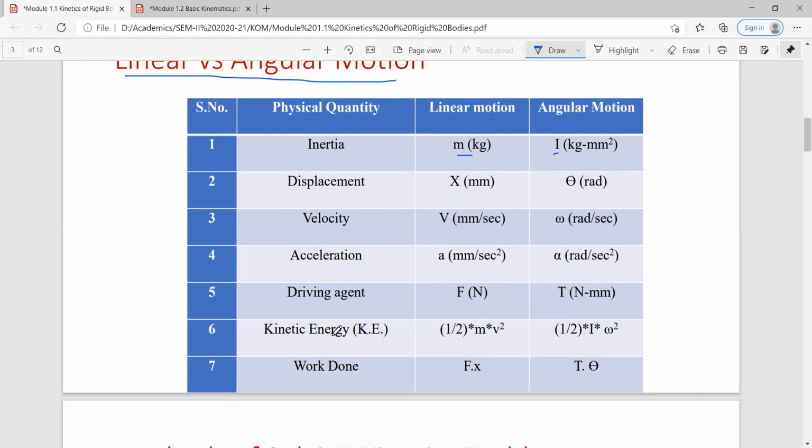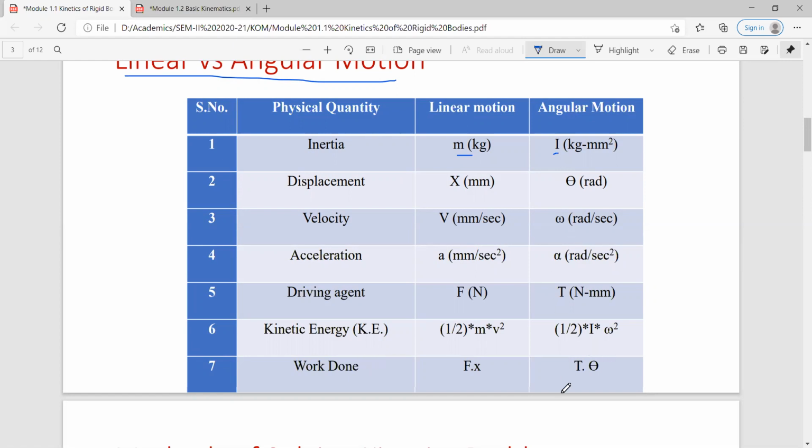Then kinetic energy. In case of linear motion, it is 1 half mv square. In case of angular motion, it is 1 half I omega square. Then work done is F into x. How you calculate the work done? What force is acting and the object has displaced by how much distance. Multiplication of these two will give you work done.